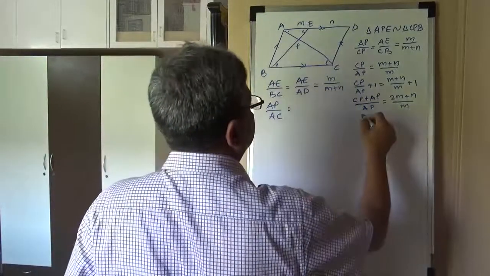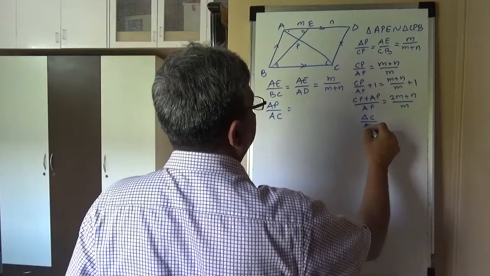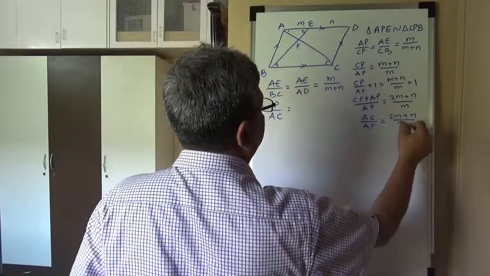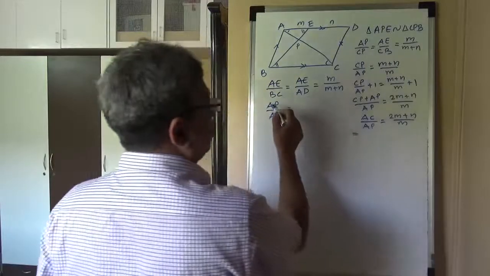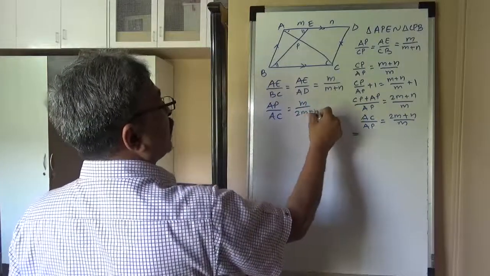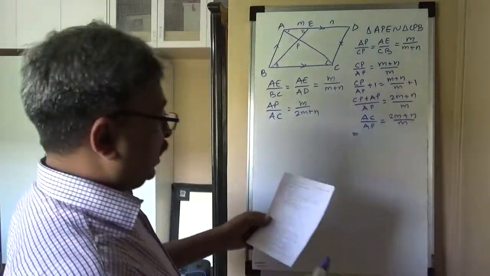CP plus AP is AC. AC upon AP is equal to 2M plus N upon M, and therefore AP upon AC is M upon 2M plus N.